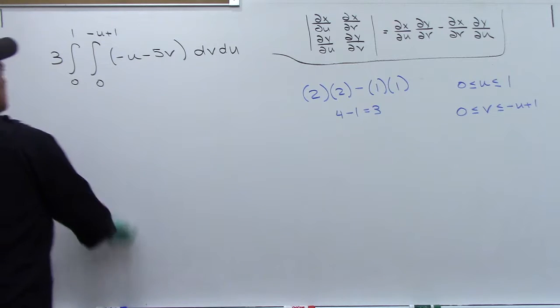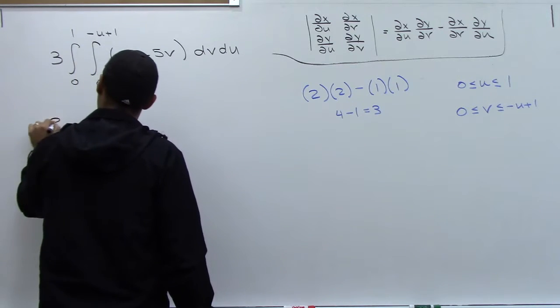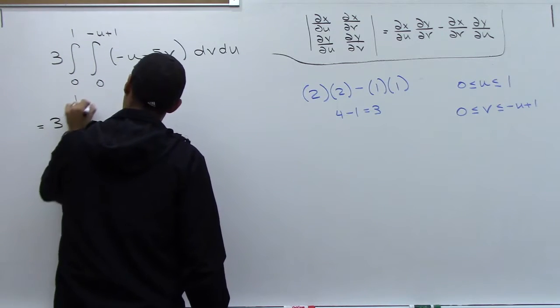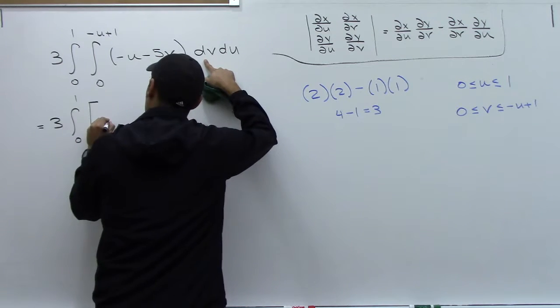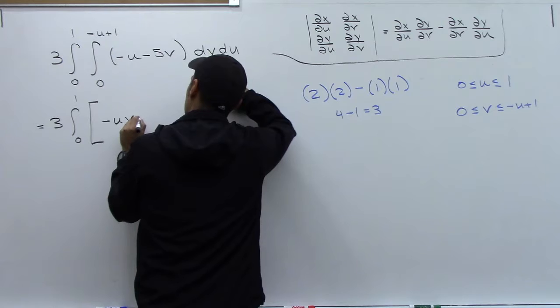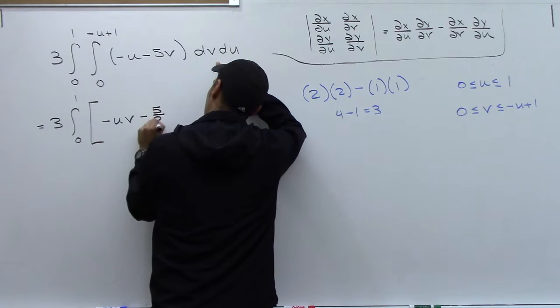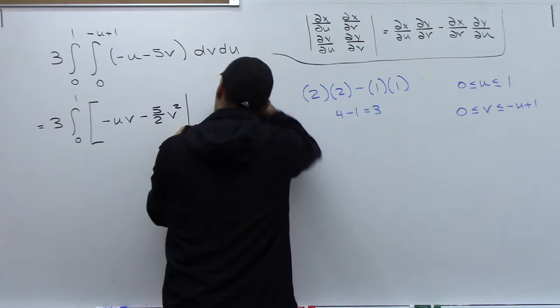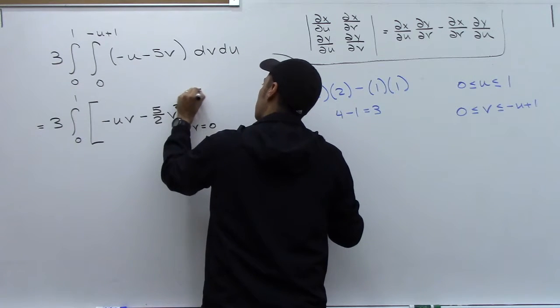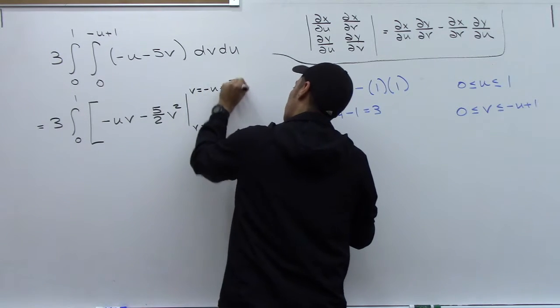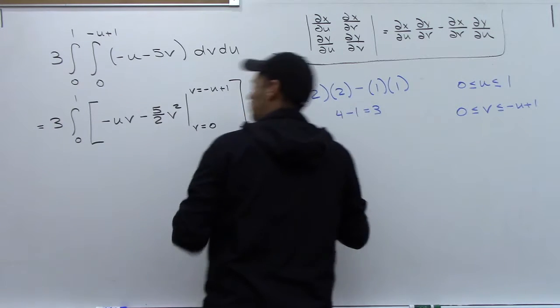Okay, let's find the antiderivative. So I have 3 integral 0 to 1, antiderivative of this with respect to v is negative uv minus 5 halves v squared, evaluated from v equals 0 to v equals negative u plus 1, du.